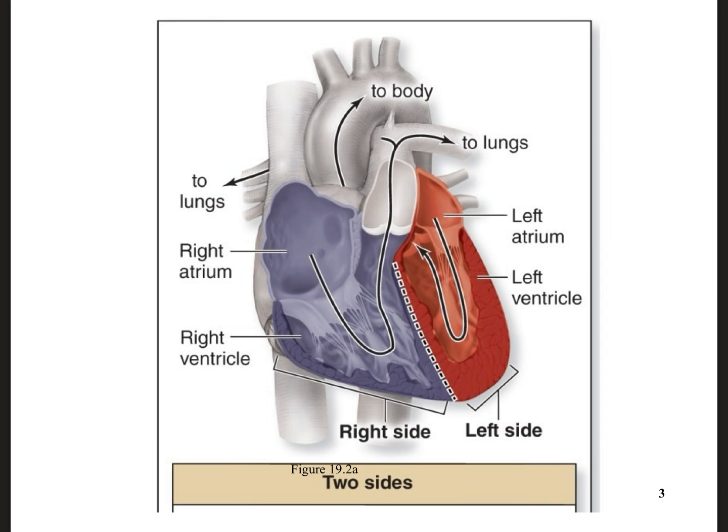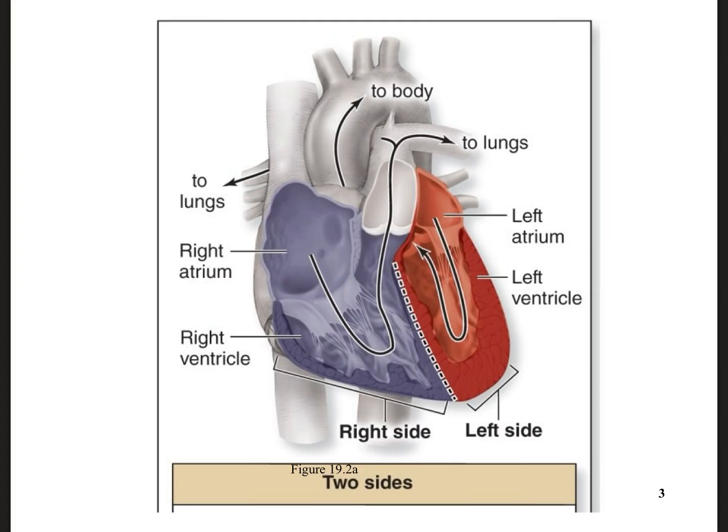So, the heart, right, is a 2-sided pump. All right, it's composed of 4 chambers, 2 sides separated by a lovely septum that is continuous from the atria through the ventricles.